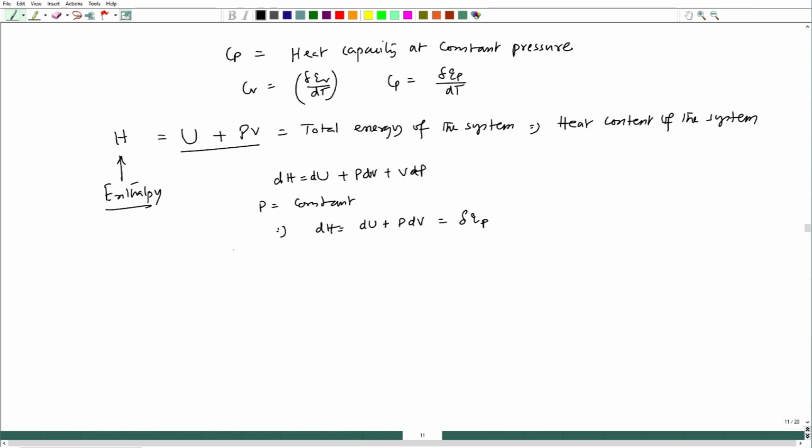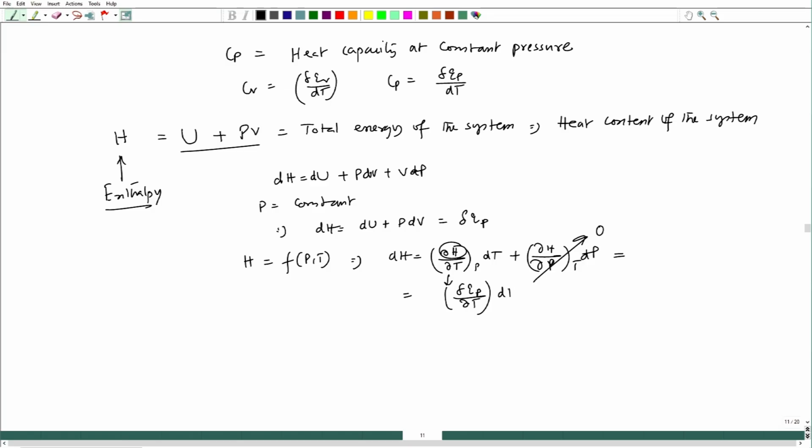Now, if I again put it as a function of P and T, I can write del H equal to dou H dou T at constant P dT plus the pressure term. Since pressure is constant, this becomes 0, and this part becomes del q p by dT.